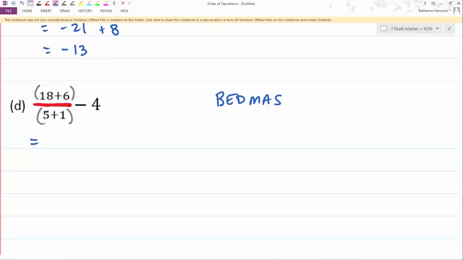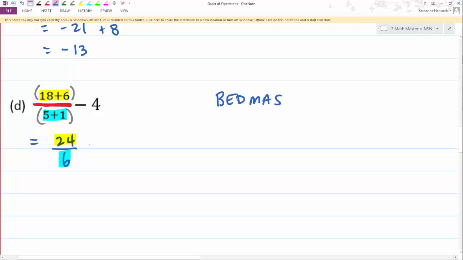So first we'll do 18 plus 6, and then we'll do 5 plus 1. So 18 plus 6 is 24, divided by 5 plus 1 is 6. So the 18 plus 6 came from the 24. The 5 plus 1 changed to the 6.